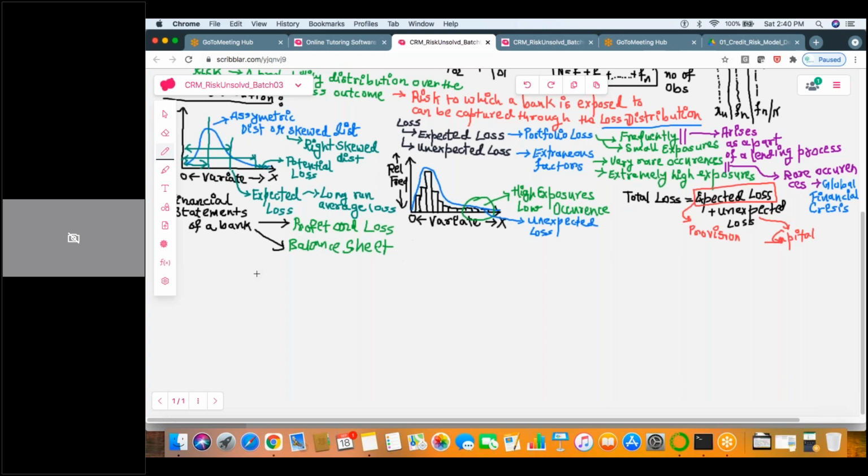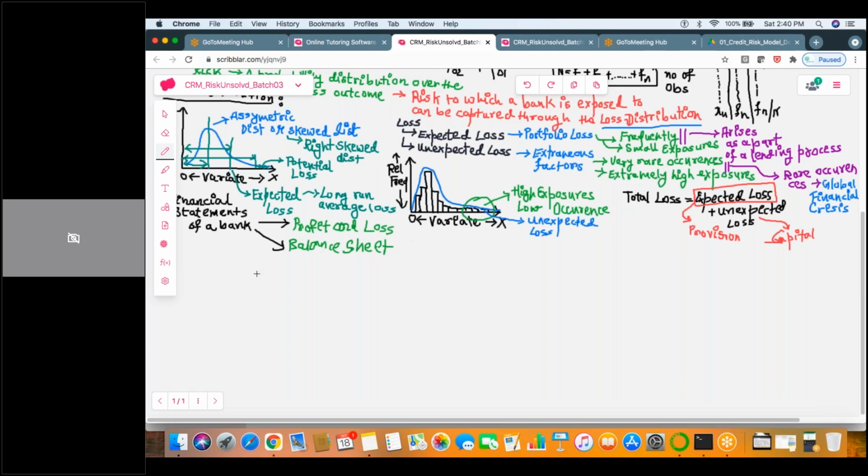We try to assess the profit and loss statement and the balance sheet of the bank. So these are the two most basic financial statements that the bank has.